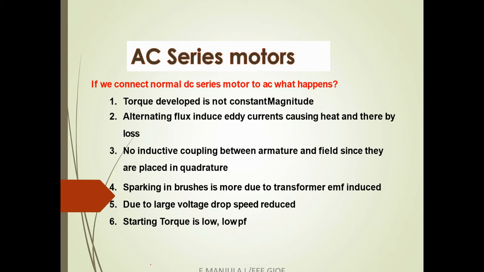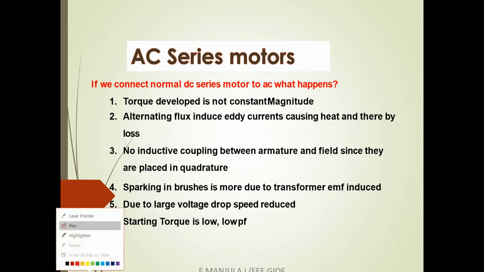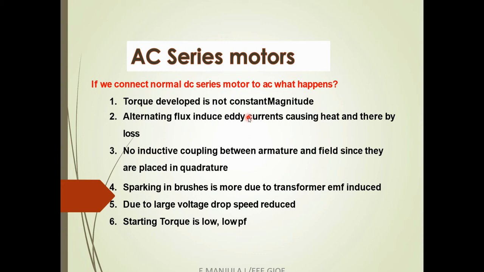The torque developed is not of constant magnitude, and alternating flux induces eddy currents causing heat and thereby loss. There is no inductive coupling between armature and field since they are placed in quadrature, and sparking in brushes is more due to the transformer EMF induced.